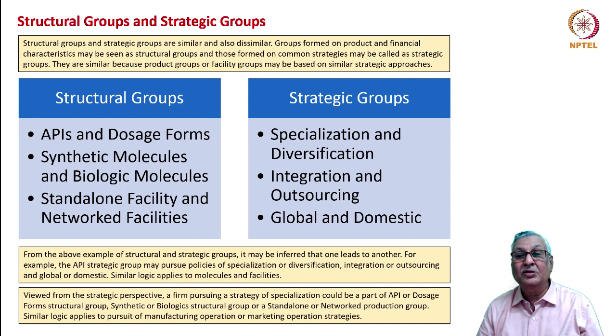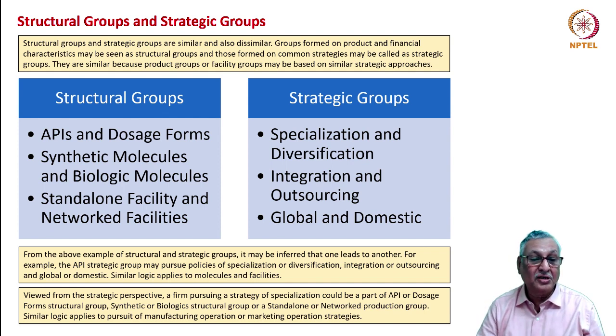It may be inferred, of course, that one leads to the other, but the policies of specialization or diversification, integration or outsourcing, global or domestic, could be applied differently in respect of different structural groups. It may be easier to globalize today in respect of vaccines and biologic molecules than with APIs because the market is saturated. So strategic groups work differently in different structural groups.